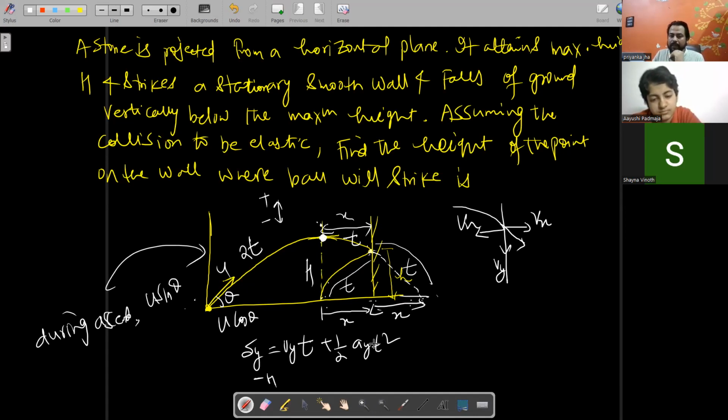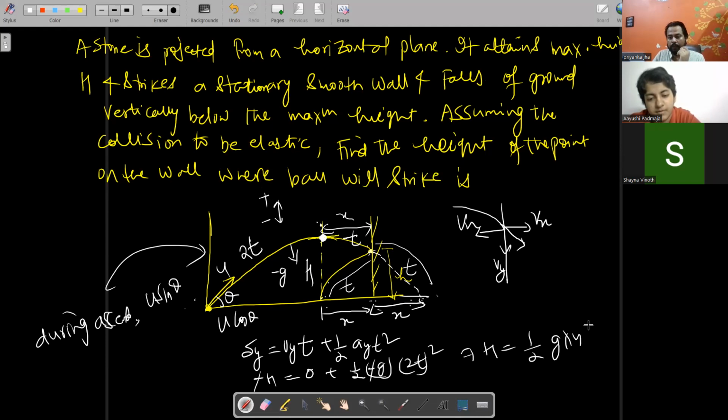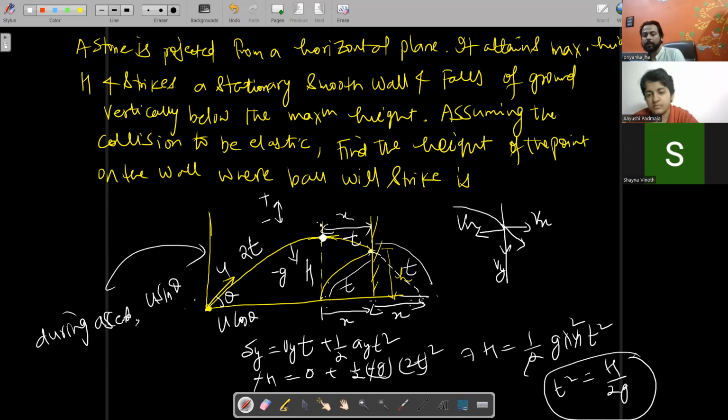So minus h equals, at this point there is no initial velocity, so uy is 0, plus half ay, which is always downward, that is minus g, into time 2t, whole square. So h equals half g into 4t square, so t square is h upon 2g. First you note it down: t square equals h upon 2g.